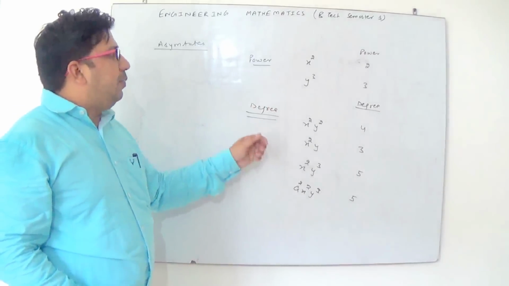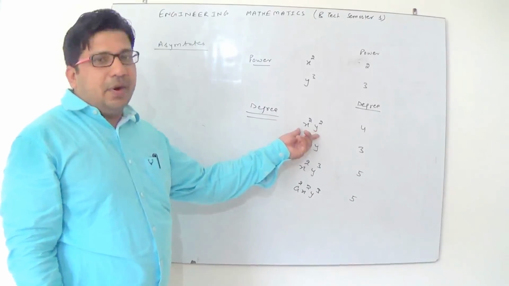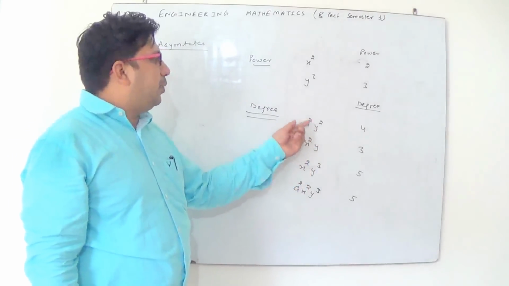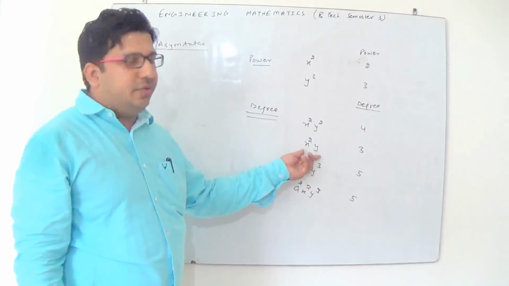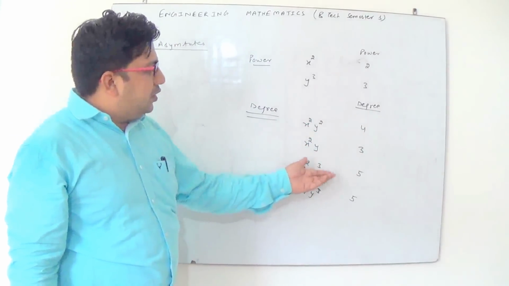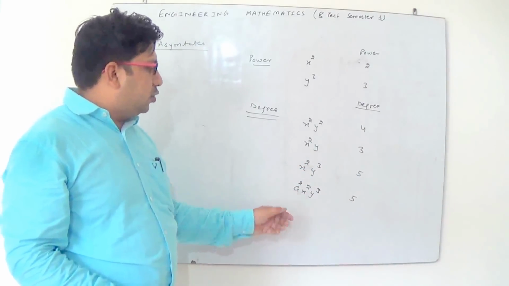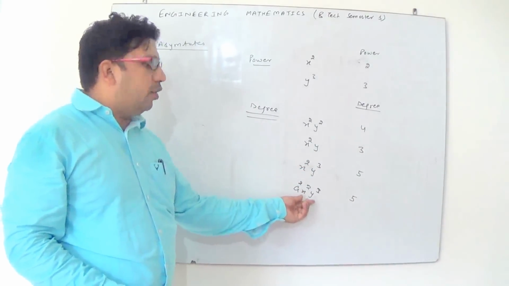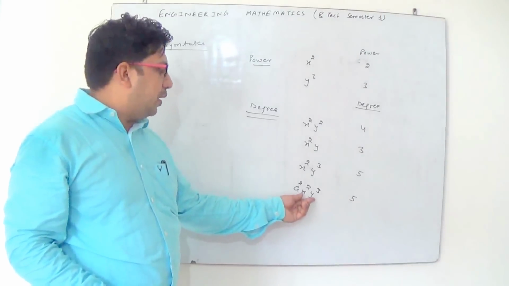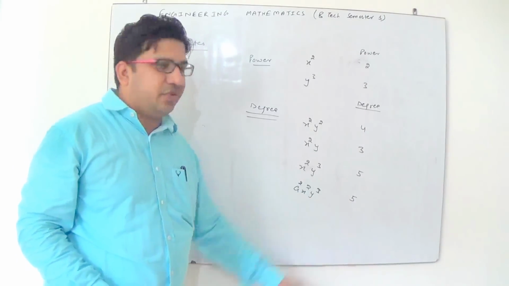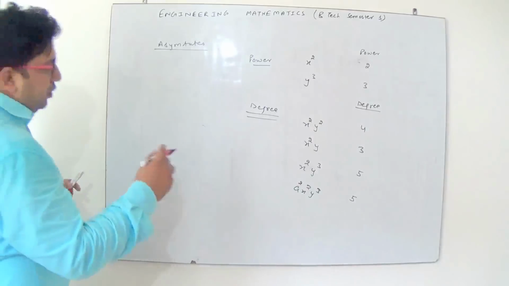So whenever we talk about degree, we only add the powers of variables. Here the powers of variables: 2 and 2, that will be 4; 2 and 1, that will be 3; 2 and 3, that will be 5. But here a square is a constant, so we will only talk about the powers of the variables, that is, the power of x square and y cube, that is 5. Okay, their sum is 5.